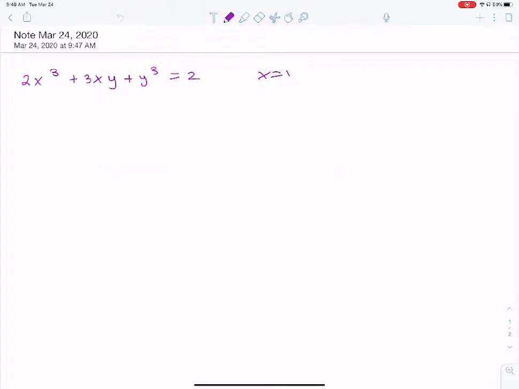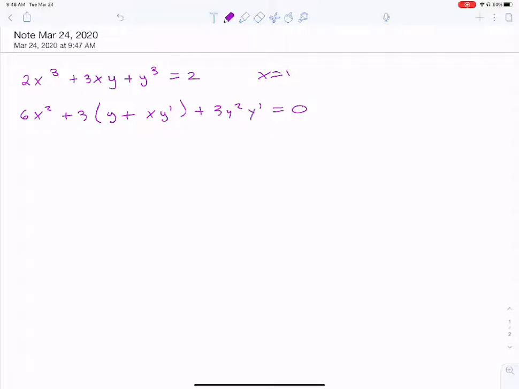When I take the derivative with respect to x, I get 6x squared plus 3. Now, this is a product, so the derivative of x is 1. 1 times y is y, plus x times the derivative of y, which is y prime, and that's plus 3y squared y prime equals 0.